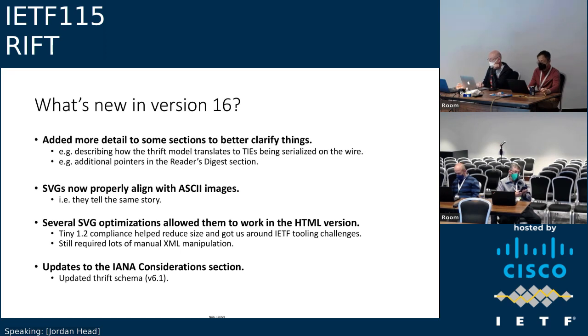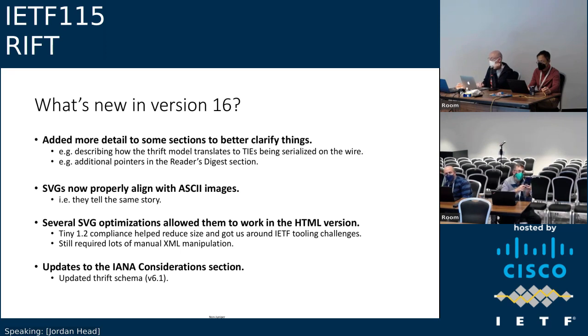Other SVG optimizations helped us get around a lot of the IETF tooling challenges. There's a fair bit of work that went into them. I think they provide a lot of value, especially for the more complex topologies. But it's worth noting that it's pretty difficult to actually get them to work within the confines of the existing IETF tools, so it's something I'm following up on with some of the tooling folks and a couple of other avenues.